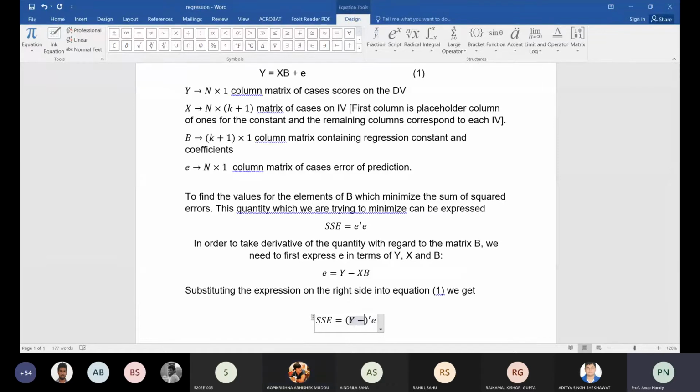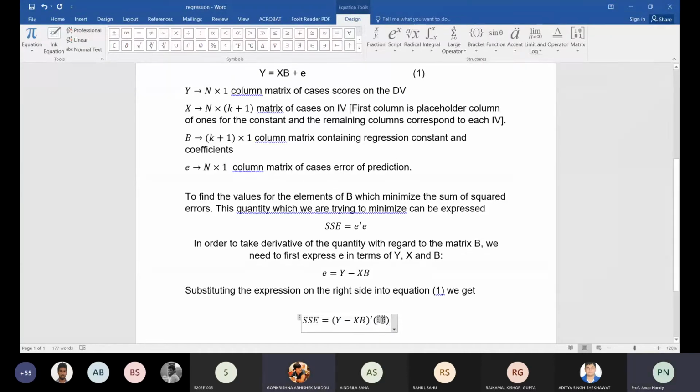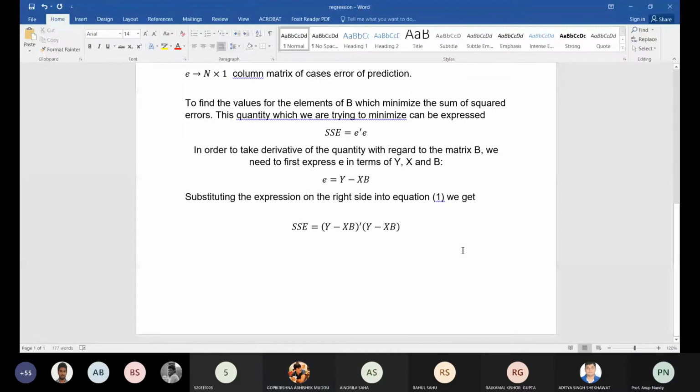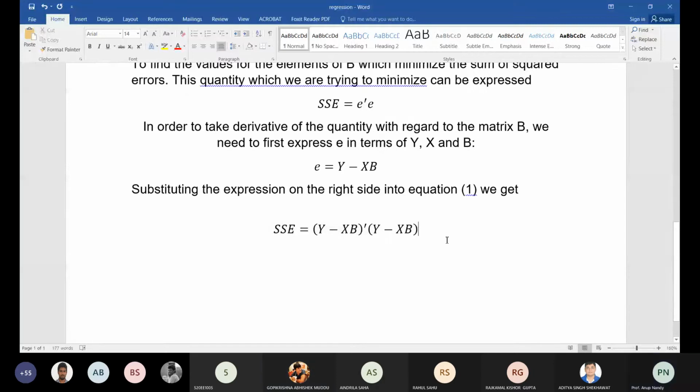Y minus xb transpose into Y minus xb. Very good. Okay. SSE is equal to y minus xb transpose into y minus xb. So next, what I have to do?